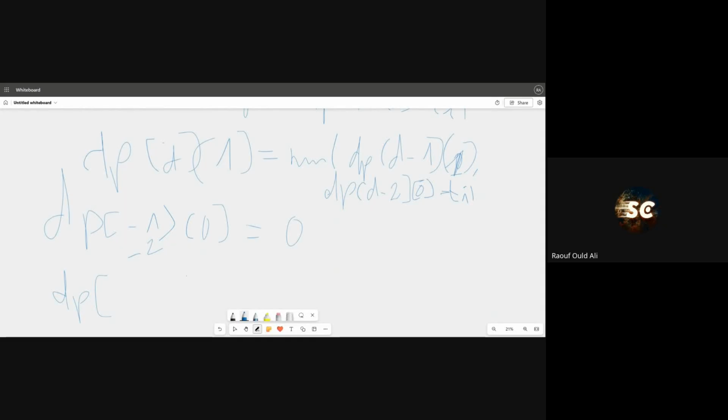And for -1 and -2, for buy-in, we will set it to minus infinity. Why minus infinity? Because it is impossible to buy something before day 0. And since we are maximizing things, the minus infinity will always lose. Does this make sense?